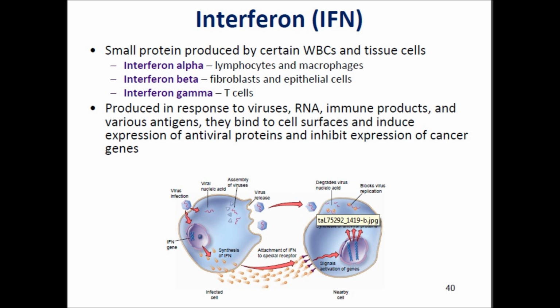So interferon, and those are the complement and the interferon, and I said just know that I want you to have heard of it, but that's basically a way of signaling to neighboring cells what's going on. So you have interferon alpha, beta, gamma, different ones used by different cells. They're small proteins, and so basically if you have a cell that is infected with a virus, it would synthesize some interferon and then send those out, another way of signaling.